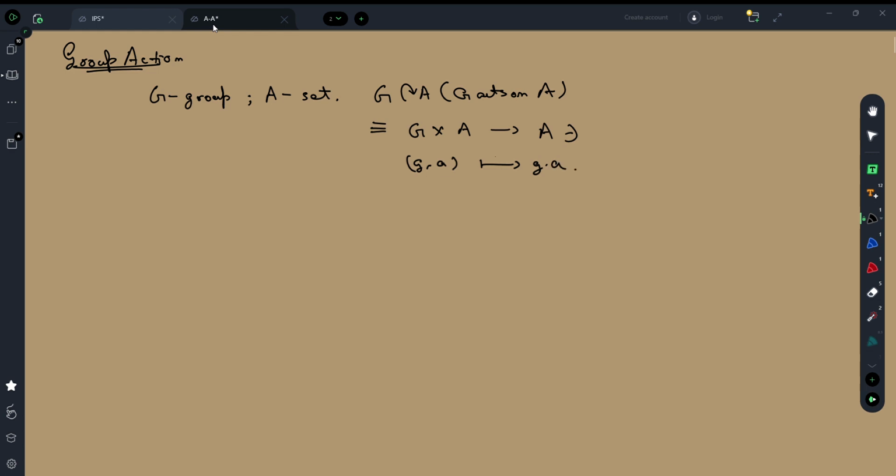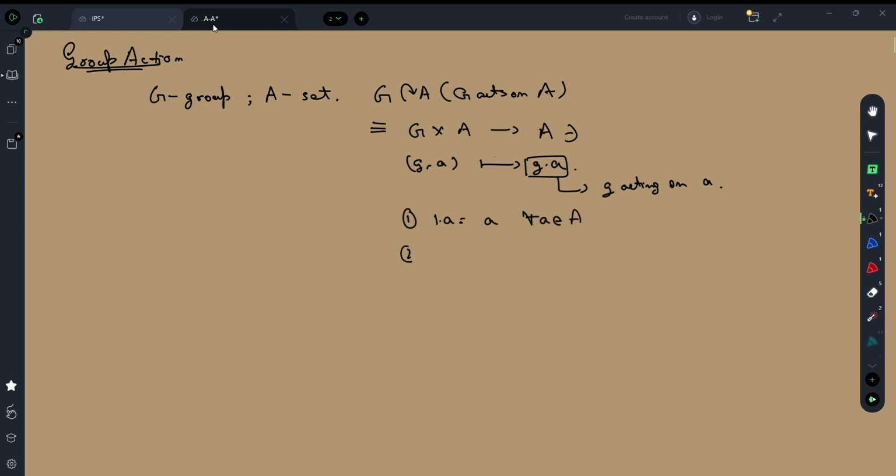You can think of it as the element g acting on the element a. The conditions are, first, that 1 acts on a to give a, and this happens for all elements a in capital A.